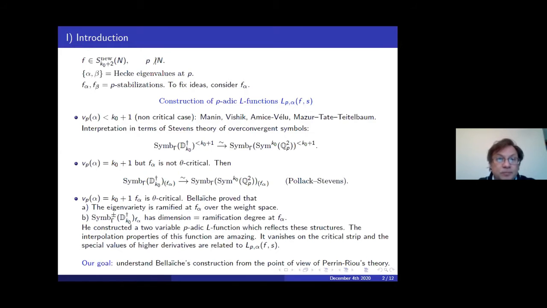The goal is to construct in a natural way some p-adic analogs of complex L-functions satisfying some interpolation properties.